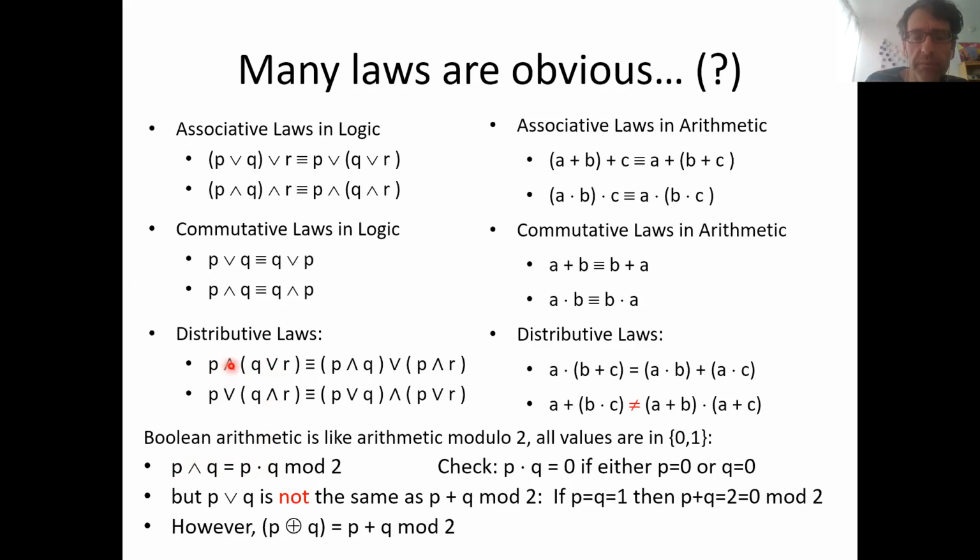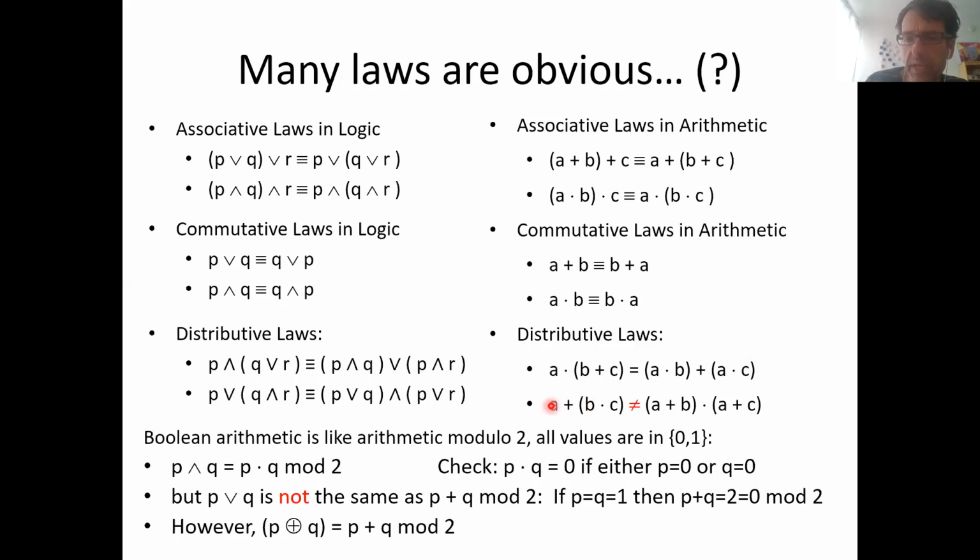So if we think of conjunction as a product, and let's think of disjunction as perhaps an addition. Well, you do have a distributive law like this in arithmetic. It's true. But this distributive law is not a law, it's false.